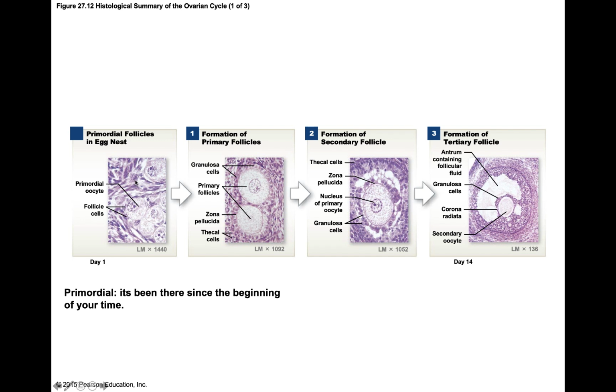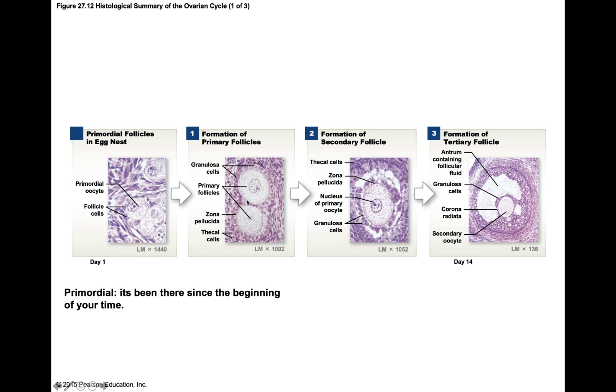There is a rise in FSH hormone that's going to cause stimulation of some of these follicles. And on this picture, we can see there are 2 follicles that are stimulated. Each follicle is going to have an oocyte inside. So we have an oocyte inside each follicle. What we have so far is the primary oocyte and the primary follicles.